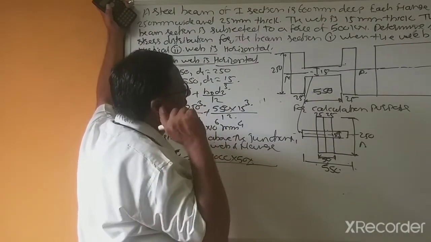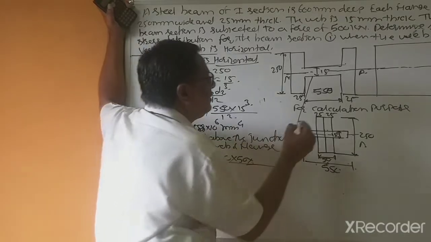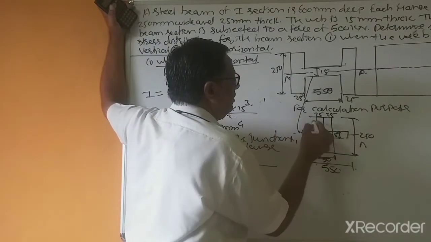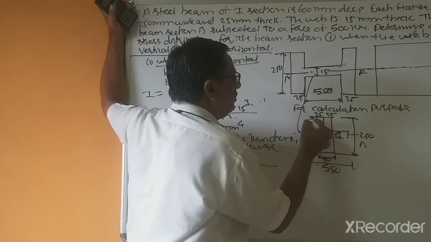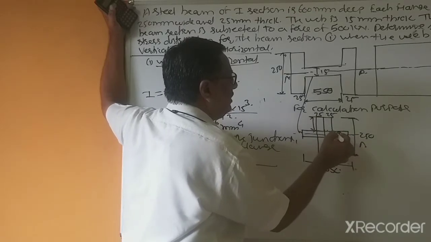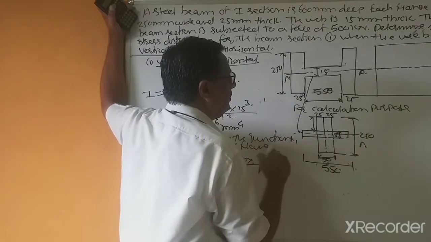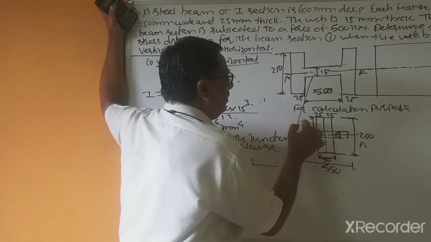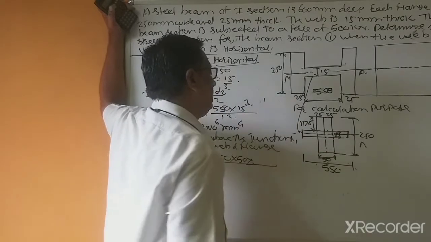Above the junctions means this. So this is equal to 125 minus 7.5, 117.5.